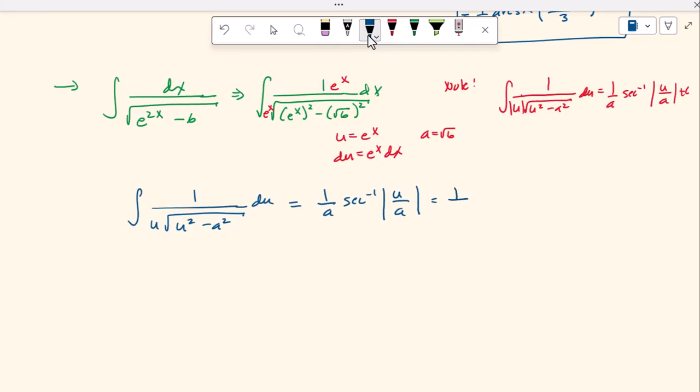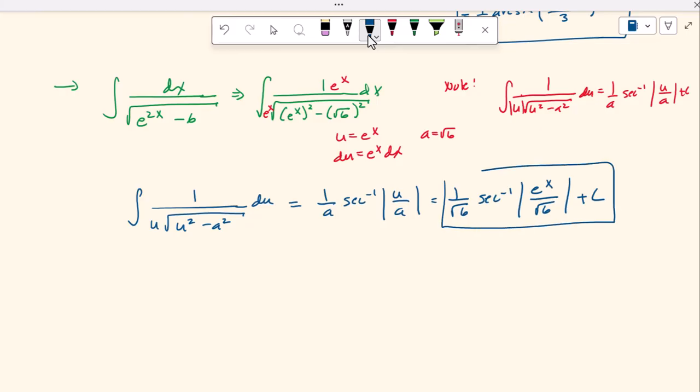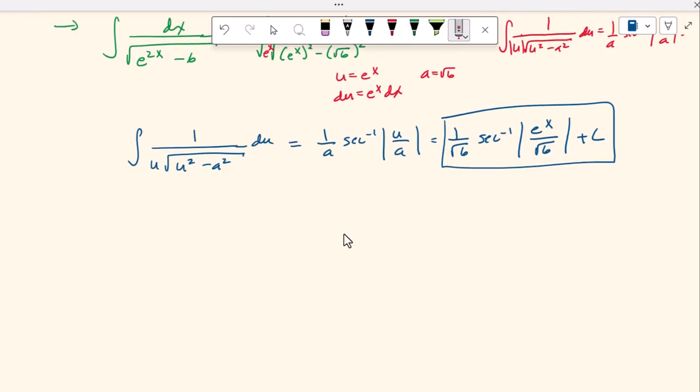So we just fill in what we have here. 1 over a arc secant absolute value of u over a plus c. And if you want to, you could rationalize those radicals. Okay, but this fit that form perfect. And this does not happen very often where I get a chance to do this to make that work. Okay, so that was an interesting part of this question.